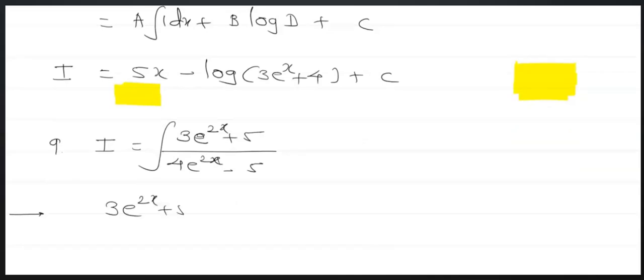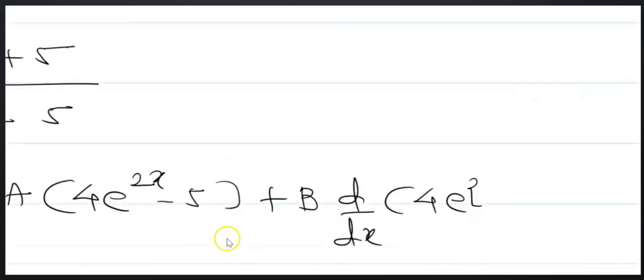I forgot to write dx, I will write it. Now again, the numerator is equal to a into denominator plus b into derivative of the denominator.